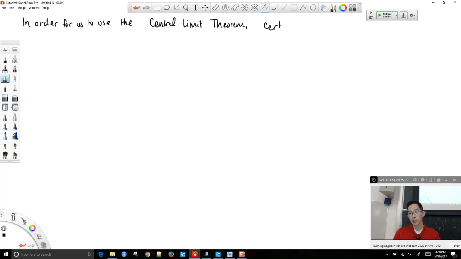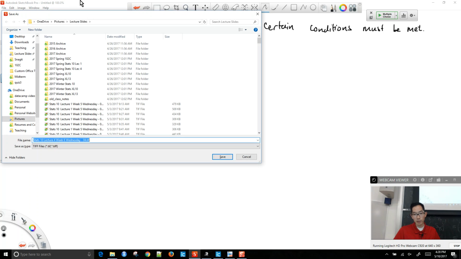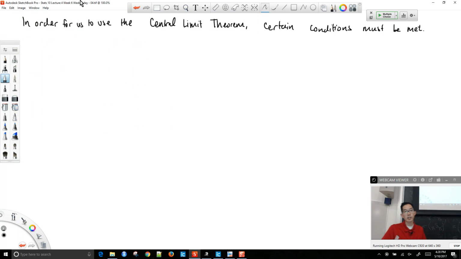Certain conditions must be met, because if these conditions are not met, then our sampling distribution will not resemble the normal distribution.